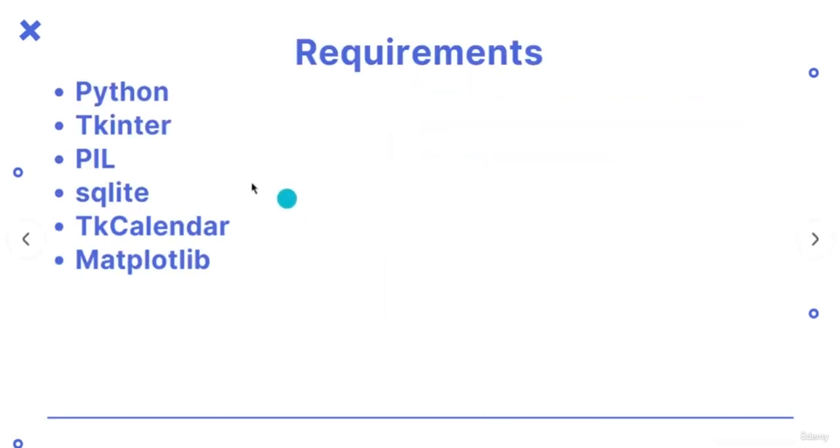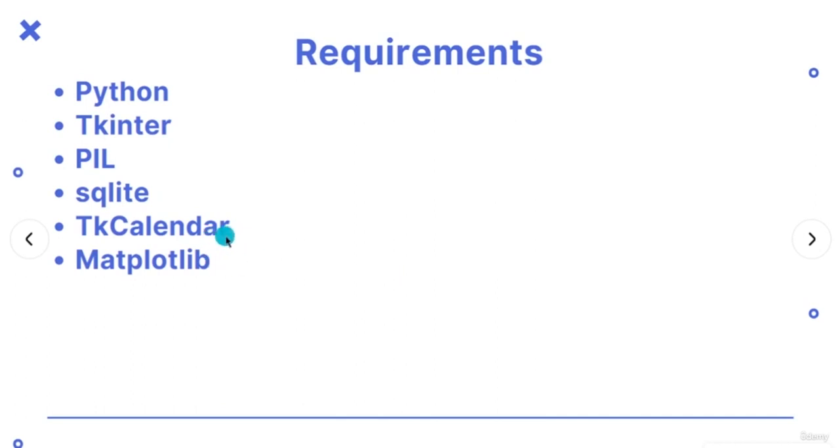Before we run the program, we're going to need Python, and Tkinter will most likely come with Python. I'll be using Python 3.8.0 or a similar version, and we're going to need Pillow. SQLite is in Python by default, and tkcalendar is for the widget I showed you, where a date tab opens when the user registers. Matplotlib is for the graph page.